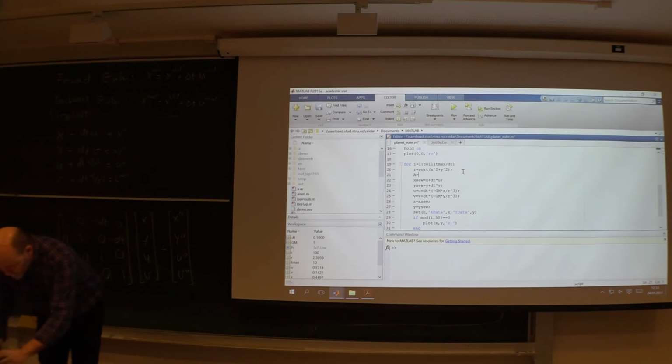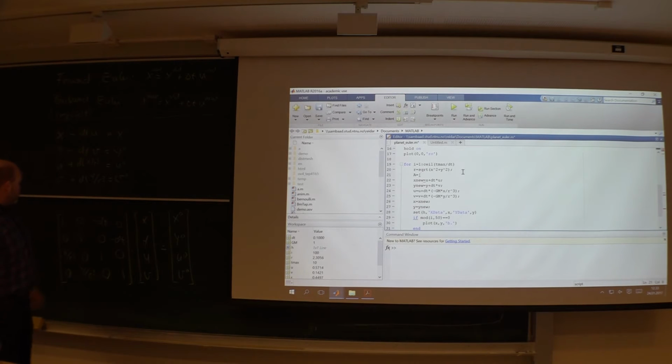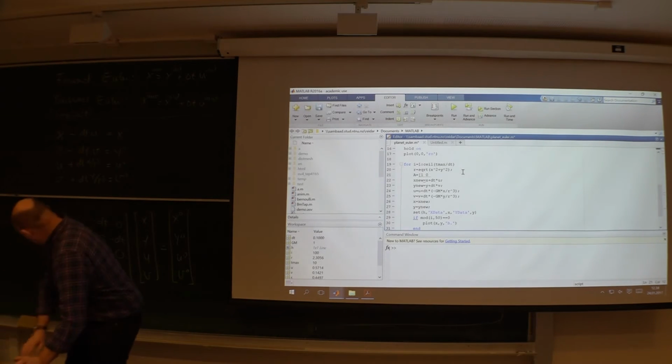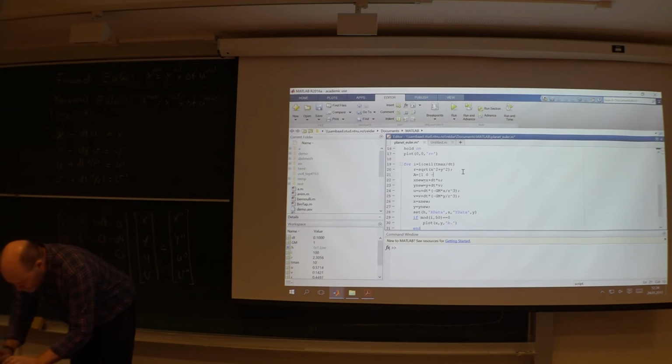Coefficient matrix A equal, and then we just write it directly as it says, 1, 0, minus dt, and 0.